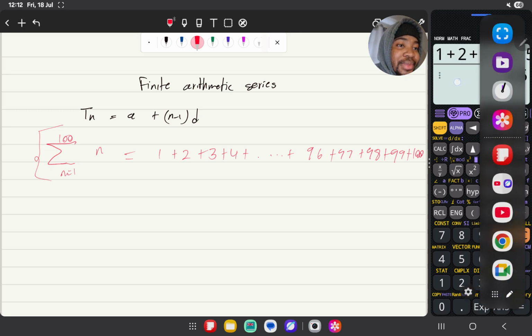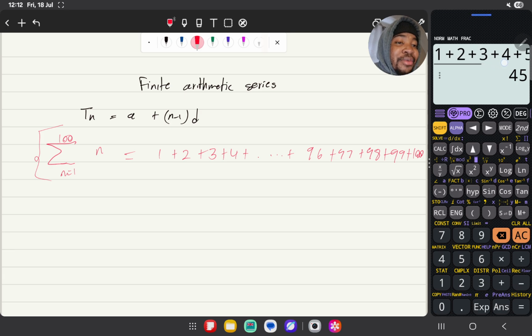So here I just have 1 plus 2 plus 3 plus 4 up until 9. After 9 I need to go again and add plus 10 plus 11 plus 12. Guys, that's a lot of work. The thing about mathematicians is we are lazy. We don't want to do the work, and that is fine because we have ways of giving the same results with little effort.